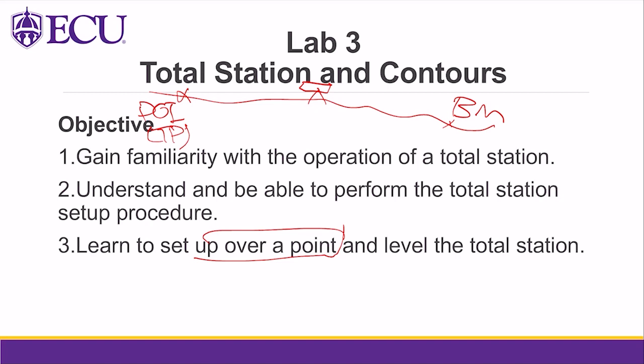But we never marked the ground, and it was kind of a free selection. You could have moved it here or there or anywhere you wanted. But when it comes to total station, it's totally different. The main difference of setup procedure is that we set up over a point.